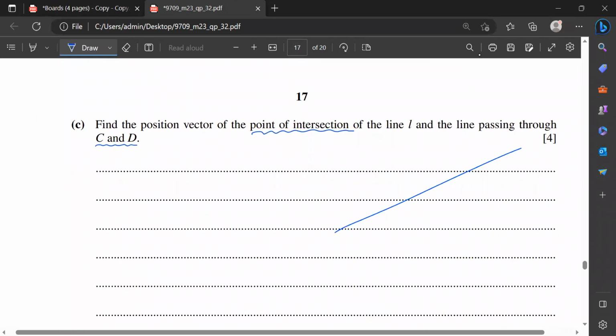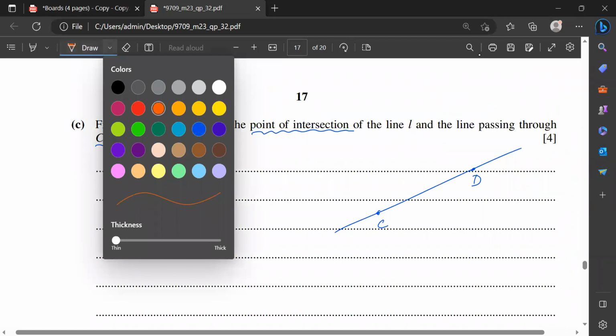The same concept we can apply here. There is a point C, there is a point D, and the formula we know is r = a + tb.